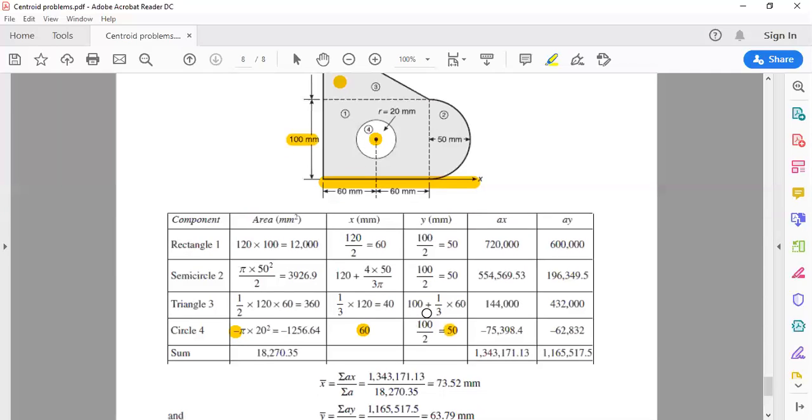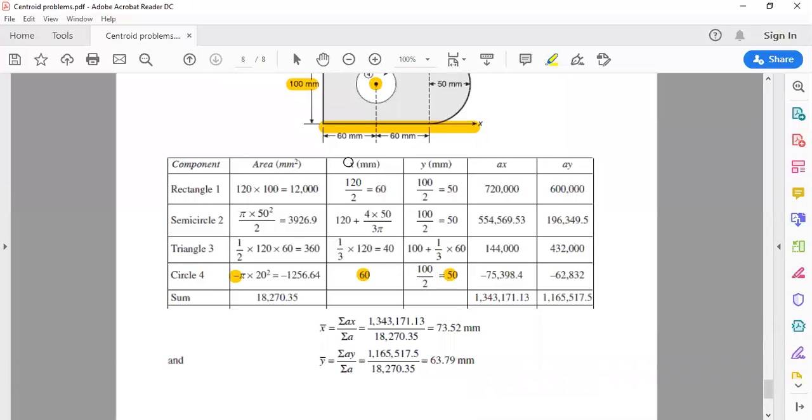Once we have calculated the area, x coordinate and y coordinate, we are going to calculate Ax and Ay. So A into x, you have it in this column, and A into y, we have it in this column.